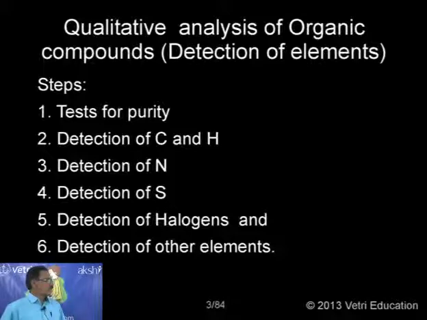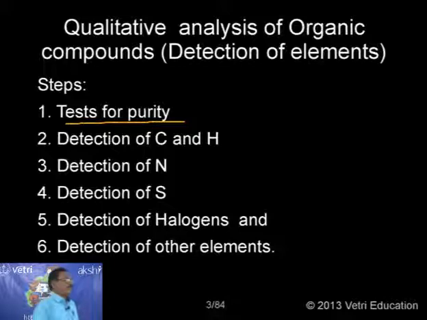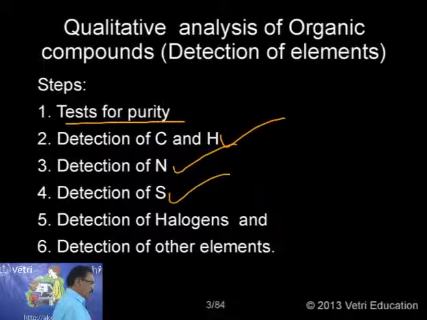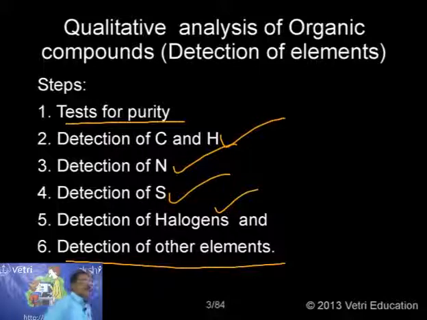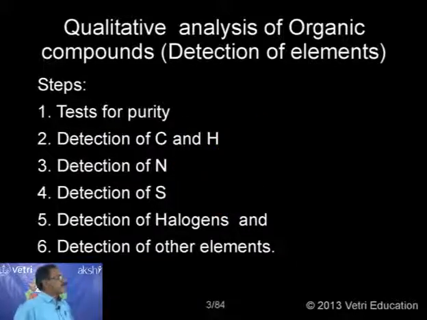Under this, the first one is test for purity. Then detection of carbon and hydrogen, detection of nitrogen, detection of sulfur, detection of halogens, and detection of other elements like phosphorus, oxygen, etc. So this I am going to discuss today under qualitative analysis of organic compounds.